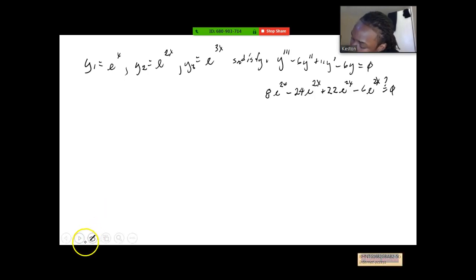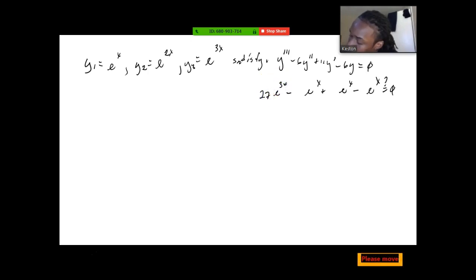All right, let's do the next one. Now I'm going to be really lazy here. If y is equal to e to the 3x, y prime is 3e to the 3x, y double prime is 9e to the 3x, and y triple prime is 27e to the 3x.